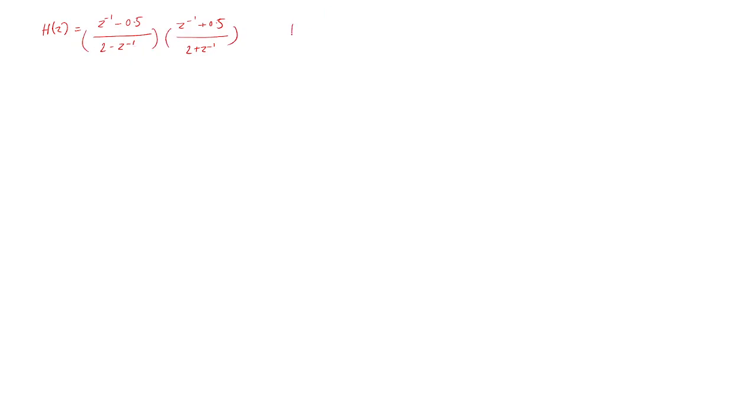Now if we are to evaluate H(z) at z equal to e to the power j omega, we can write this as follows: (e to the power minus j omega minus 0.5) over (2 minus e to the power minus j omega), times (e to the power minus j omega plus 0.5) over (2 plus e to the power minus j omega).